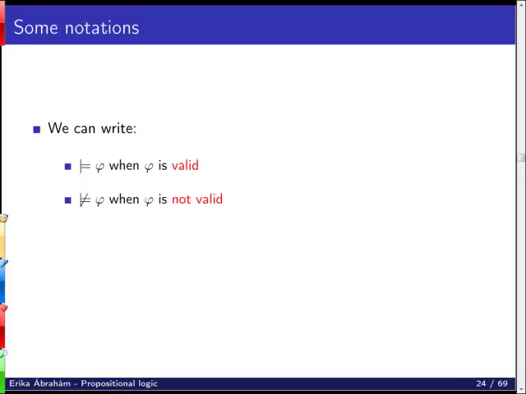Yeah, it is not valid. That means it is either satisfiable or unsatisfiable, but there is at least one assignment that will not satisfy it. And what does this mean? Not phi is not a tautology.